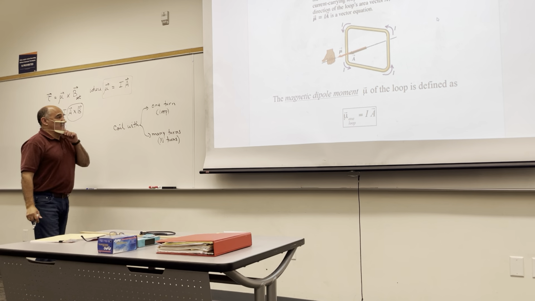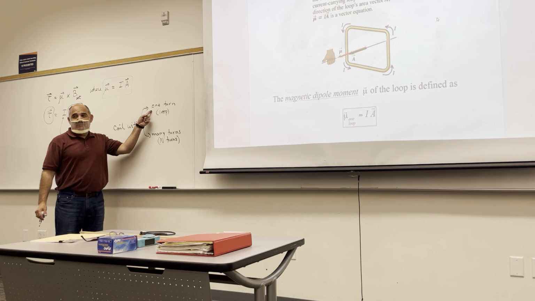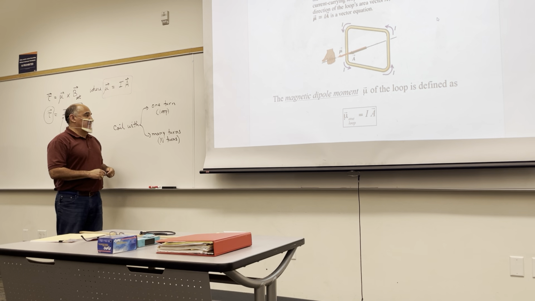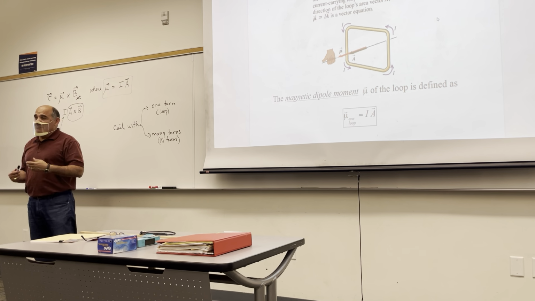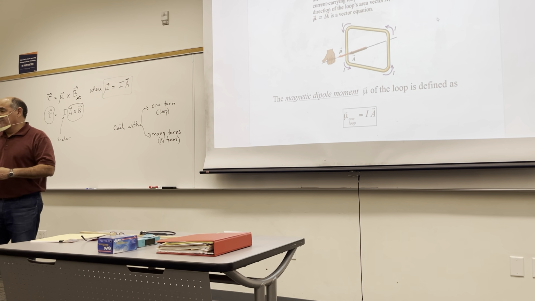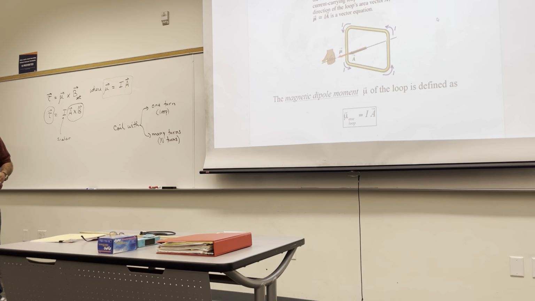If it's just one turn, I tend to call it a current loop. But if it has many turns, then one tends to call it a coil. That's the difference between a coil and a loop.